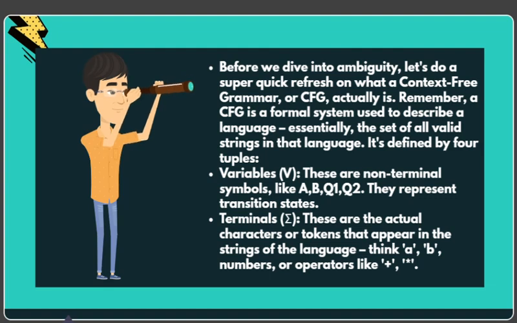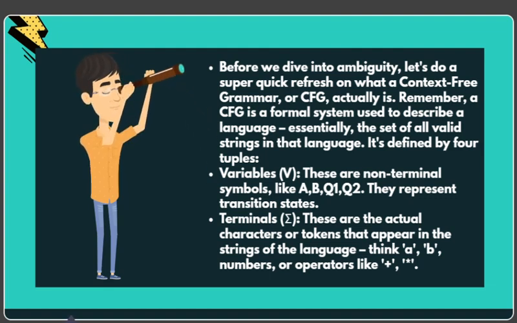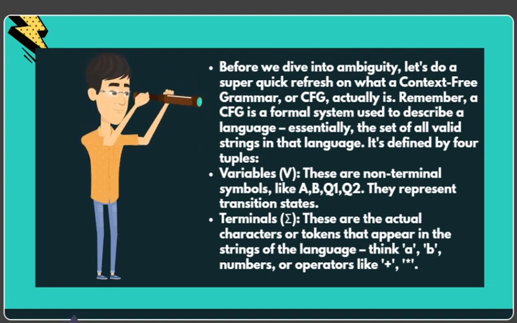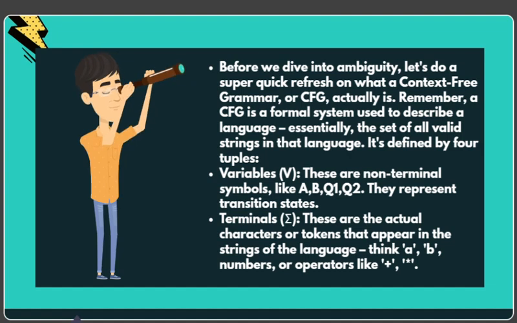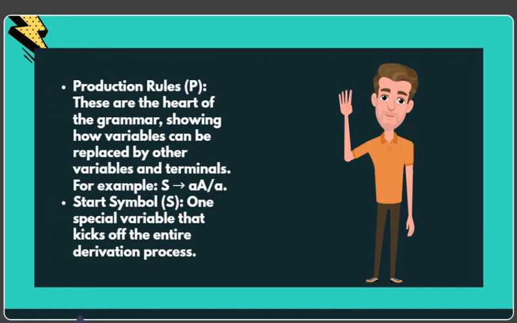They represent transition states. Terminals, sigma, these are the actual characters or tokens that appear in the strings of the language. Production rules, R, these are the heart of the grammar, showing how variables can be replaced by other variables and terminals. For example, S goes to A. Start symbol, S, one special variable that kicks off the entire derivation process.